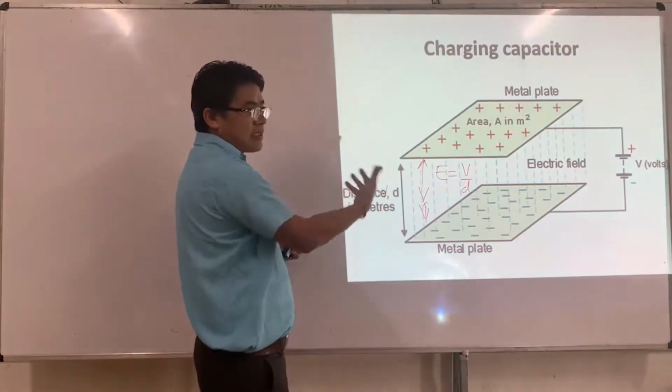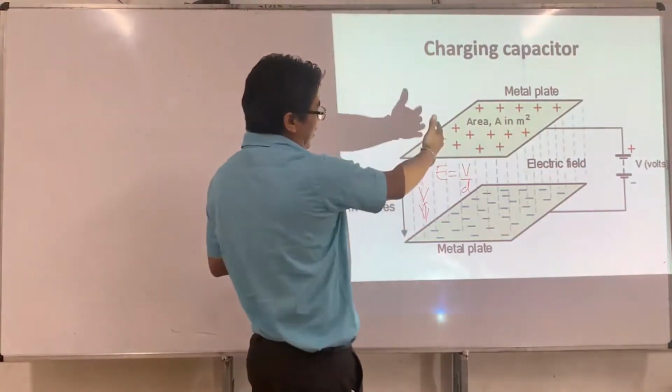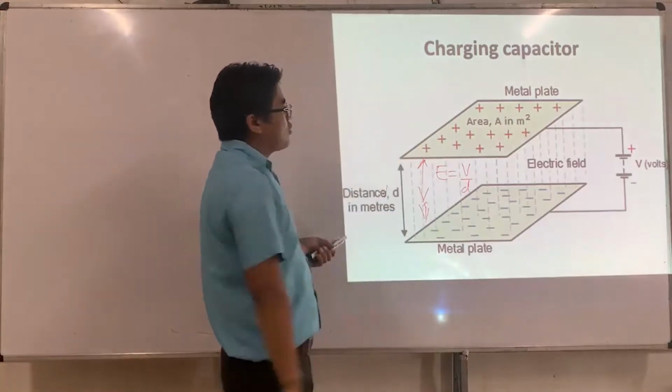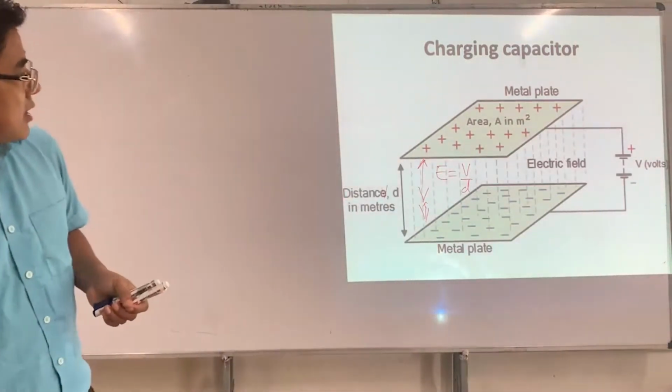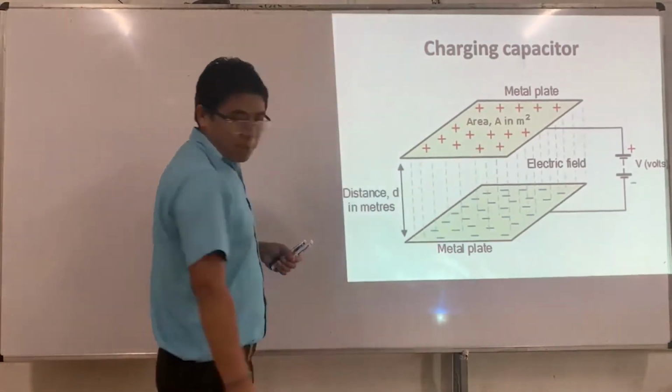Why? Because it is dielectric or vacuum, so this will never allow a positive charge or a negative charge to move towards the other. So this is a small recapitulation of the capacitor.